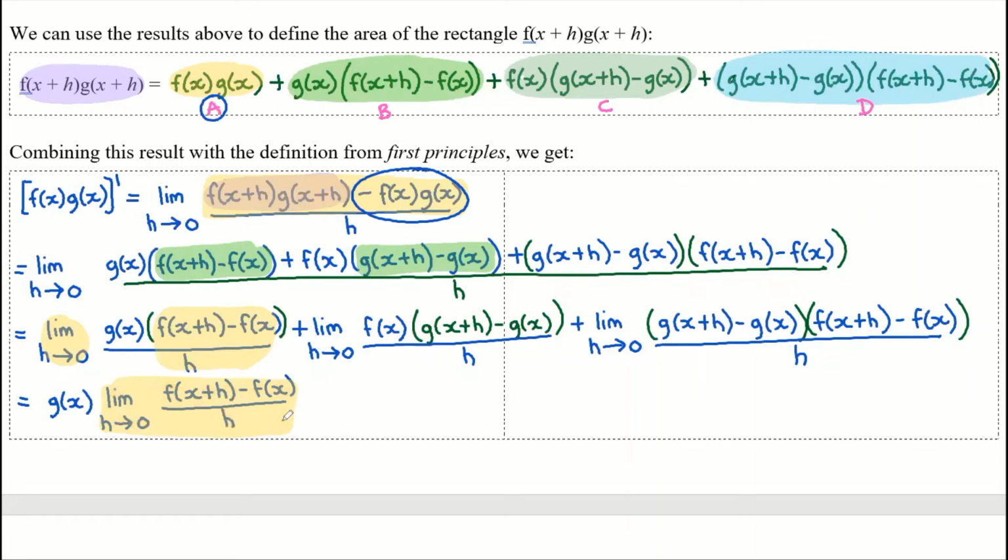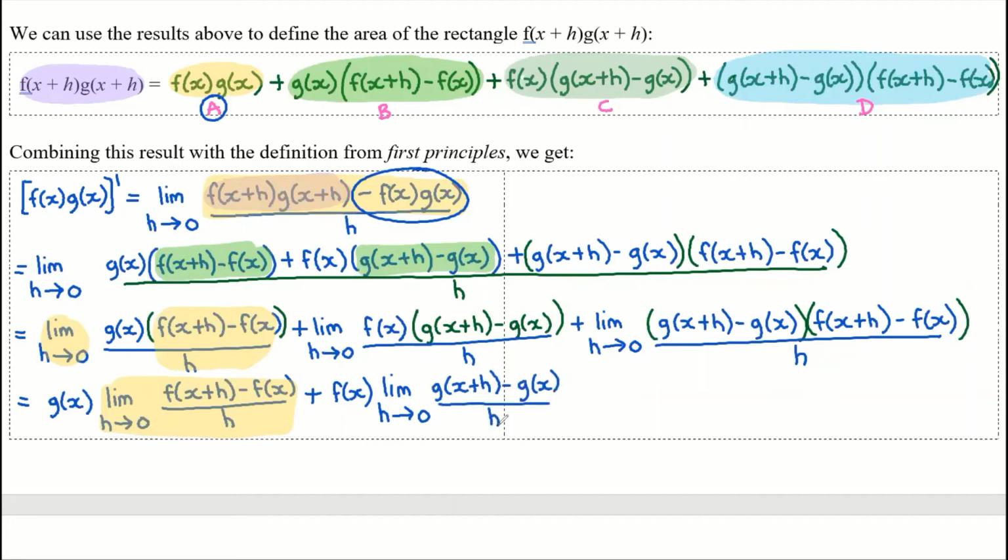Okay, and we can do the same thing for the second term, and then we'll talk about the third term in a moment. So this is going to be plus f of x multiplying the limit as h approaches 0 of g of x plus h subtract g of x all over h.